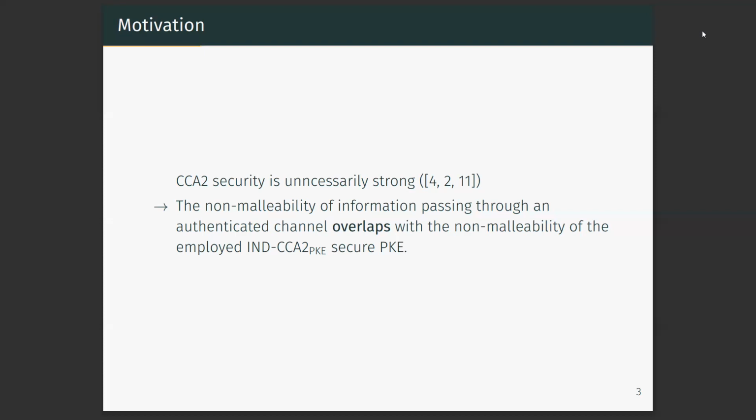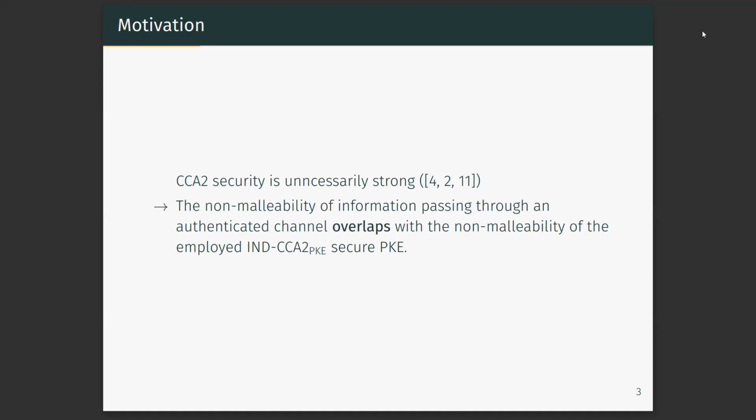Then MacKenzie, Reiter, and Yang, motivated by this exact observation, introduced a special kind of PKE, namely the tag-based PKE, together with a further relaxation of the non-malleability intuition, namely the weak non-malleability, which basically lets the adversary manipulate everything as long as the tag inside the ciphertext is not concerned. They showed this to be sufficient for a secure channel in conjunction with authenticated channels.